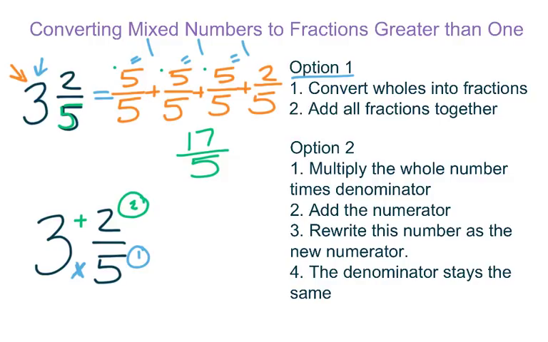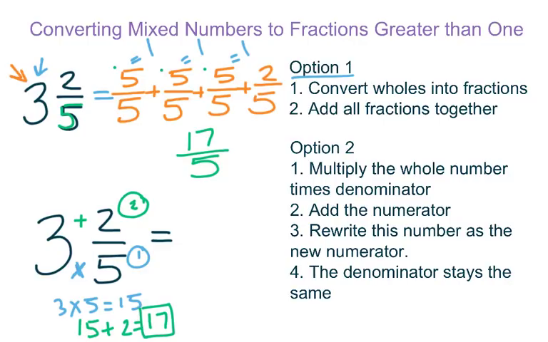After I multiply and add, I'm going to rewrite this new number as the new numerator, and my denominator is going to stay the same. So what I'm going to do first is multiply 3 times 5, and 3 times 5 gives me 15. Then I'm going to add 15 plus my numerator, so plus 2 more, and that gives me 17.